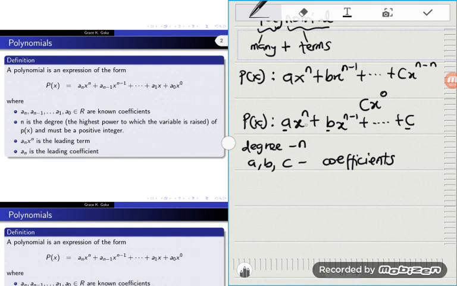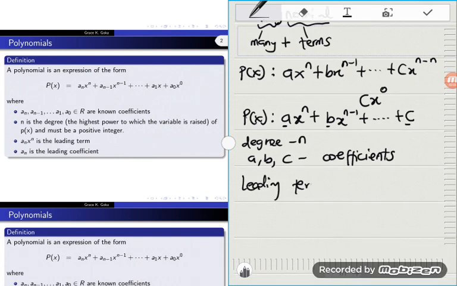Now, aside from that, the term in which the highest exponent, which is our n, can be found is known as the leading term. So to find the leading term, you need to find out what your highest exponent is. The highest exponent gives you the degree of the polynomial. Aside from the degree, the term in which the highest exponent can be found is known as the leading term.